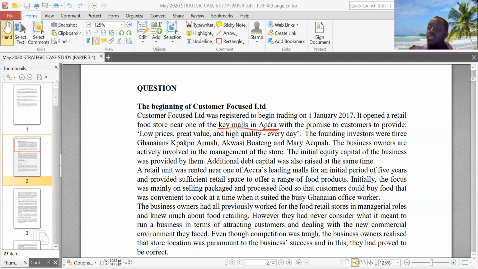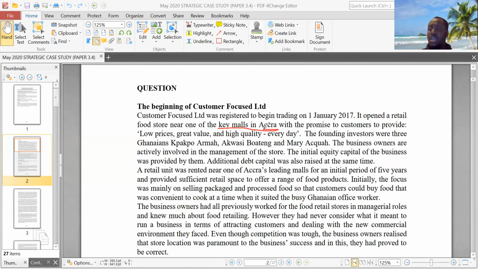But you need to understand the pros and cons. Since they are close to one of the key malls in Accra, I would assume that it's expensive to rent in such places. So how is this going to impact their P&L? At this point, we are not sure whether they own this space or rent it. It's likely that they rent it.